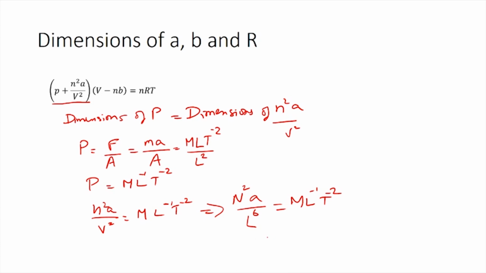So, this implies the dimensions of A would be M L power 5 N minus 2 T minus 2.